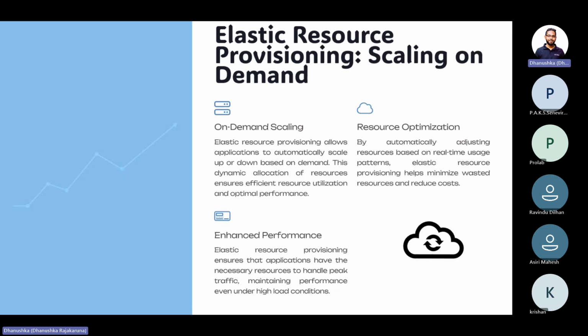E-commerce sites automatically scale during sales events or seasonal spikes to handle increased traffic. Streaming services adjust bandwidth and compute resources dynamically based on viewership. Big data and analytics scale compute nodes to process large datasets during data pipeline or analytics runs.